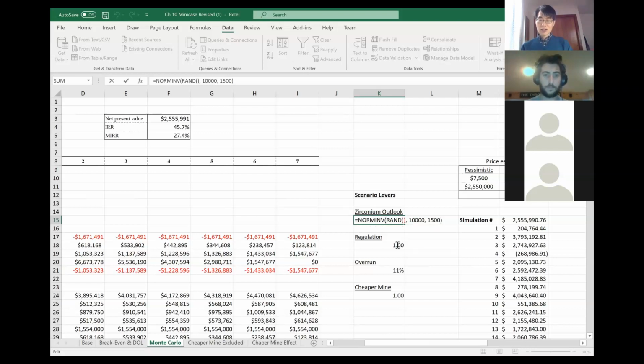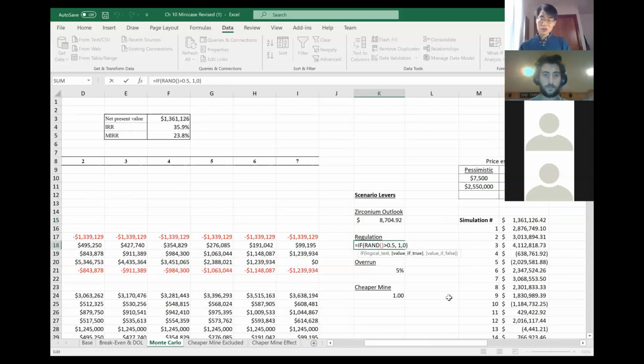In the case of regulation, I told you how we can generate a binary random variable using the IF function. What you can see here is that I'm telling Excel to generate a random variable between 0 and 1. That's RAND(). So Excel will generate any random value between 0 and 1.